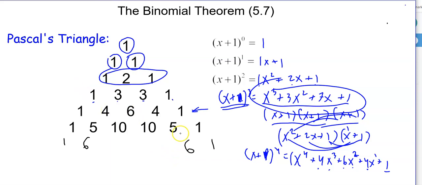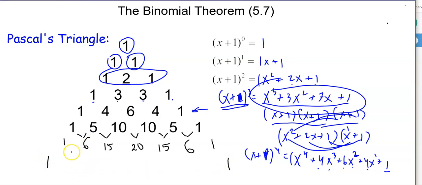The way I prefer to see this is this way. 5 plus 1 is 6. 10 plus 5 is 15. 10 plus 10 is 20. 5 plus 10 is 15. 5 plus 1 is 6. Ones are always going to be on that side. Ones are always on that side.